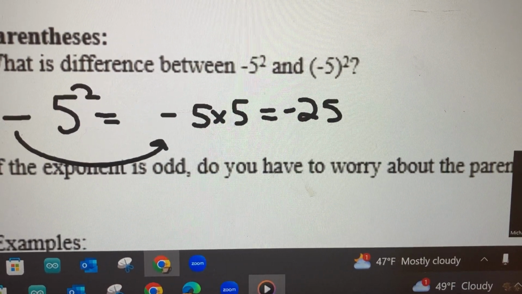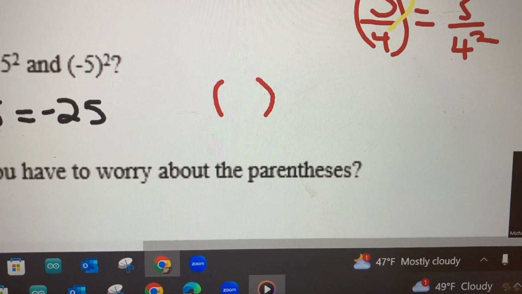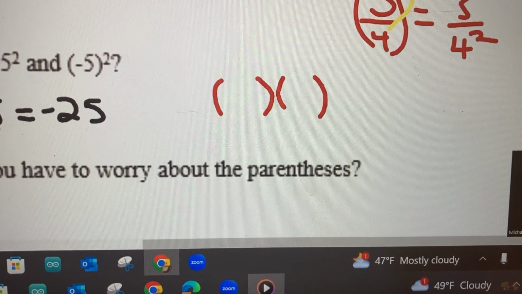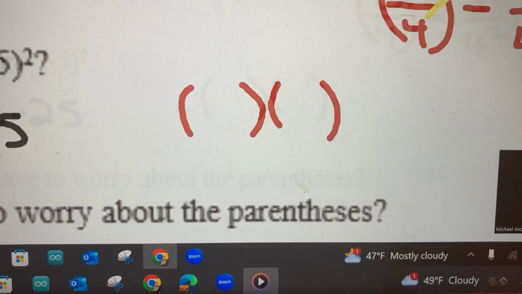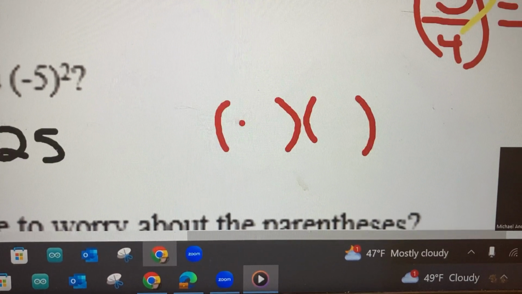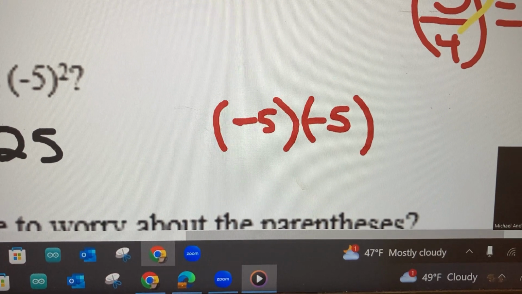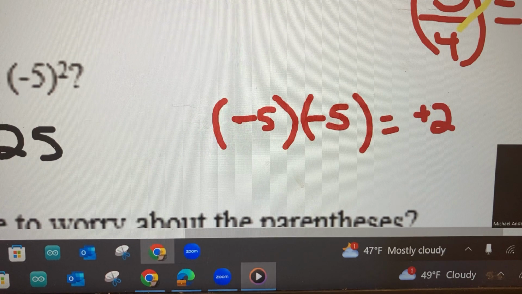In the next case, we have the parentheses that's happening underneath the power of 2. So I have 2 parentheses that are multiplied together, and each one has a negative 5 in it. And so that's going to be positive 25.